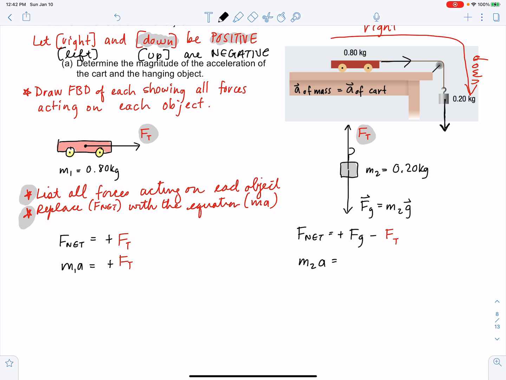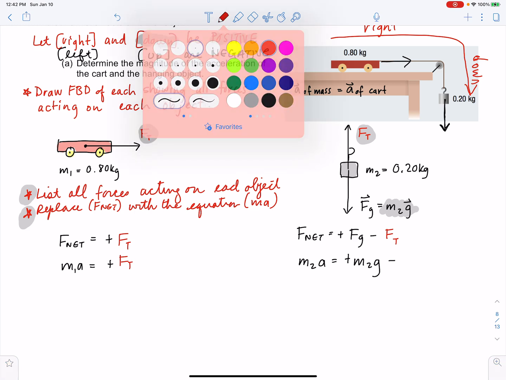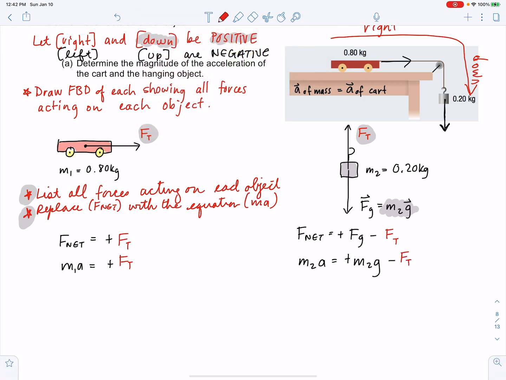And I'm also going to replace the force of gravity. Since we know the force of gravity has an equation, I'm going to replace that with plus M2G minus the force of tension. Okay.